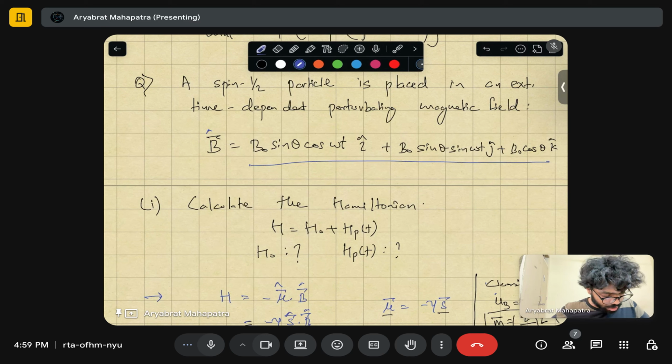So you can write an identity multiplied with each of these terms.